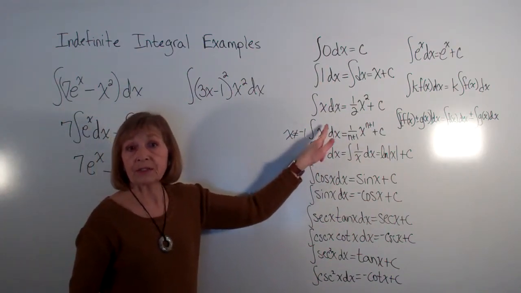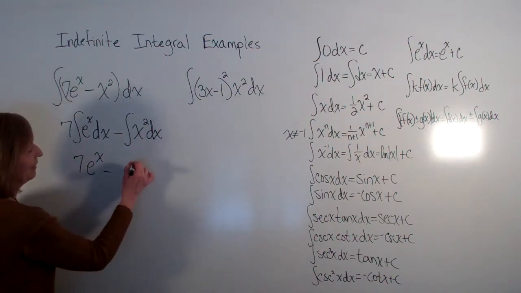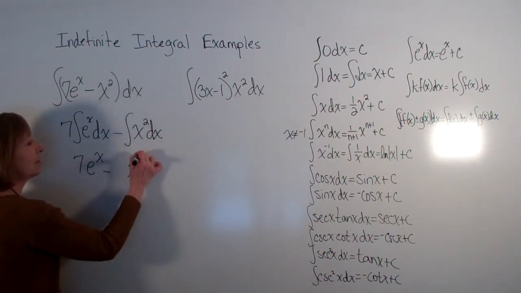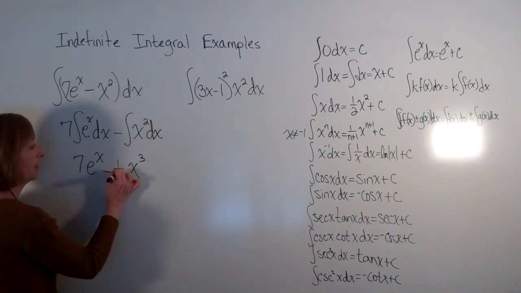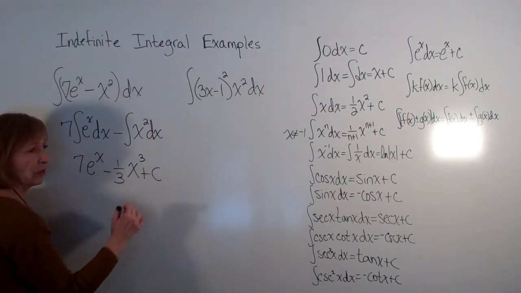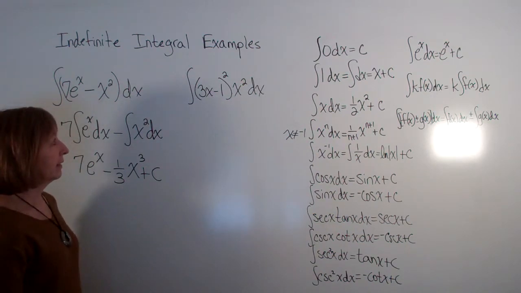So we are going to add 1 to the exponent and divide by that. So this gives me x to the third power, dividing by 3 is like multiplying by 1/3, and then plus c. So there wasn't that much rewriting that I had to do on this integrand.